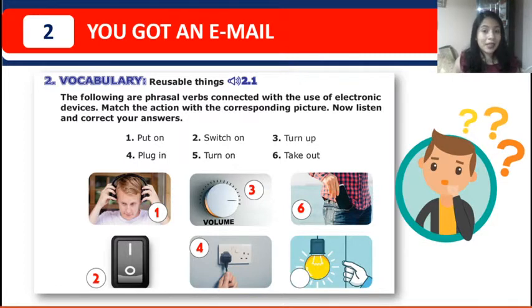Plug in or plug out. Why? Because remember, phrasal verbs are used a lot by Americans. They don't know how many times they say phrasal verbs. They talk with phrasal verbs. It's very, very common that they talk most of the time with phrasal verbs, okay?